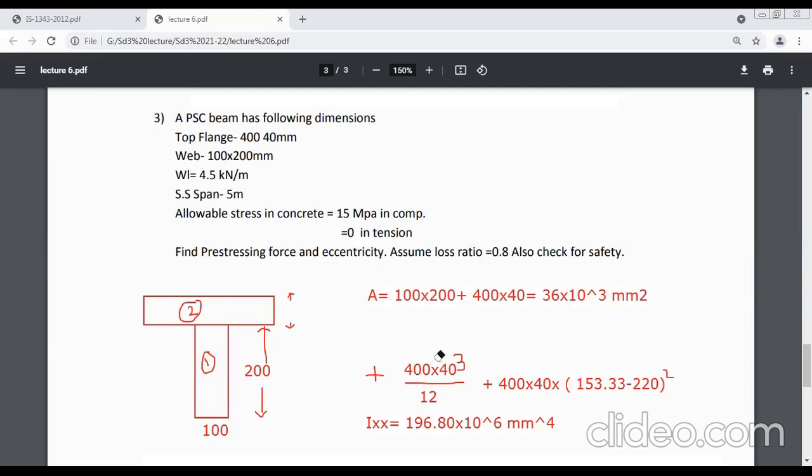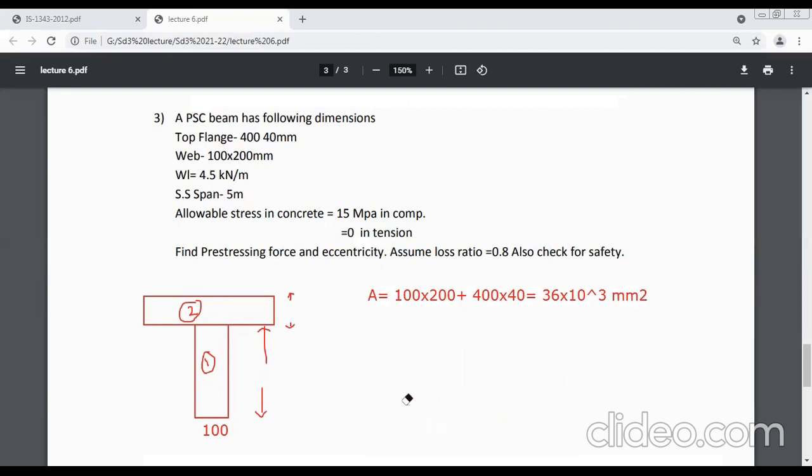Okay, so why do we need to find this cross-sectional area of beam? We need it for the self weight of beam. Calculate self weight of beam.